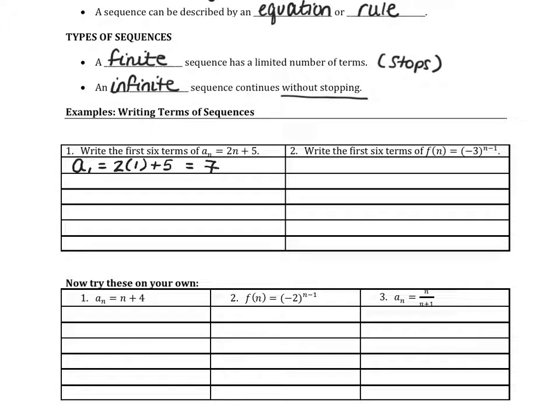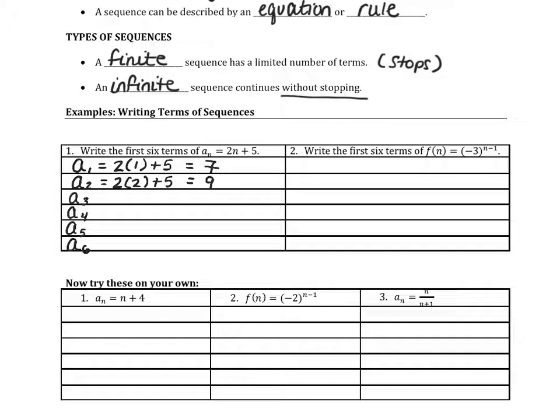You would do this for 1 through 6, because they want the first 6. If we're plugging in a 2, we would have 2 times 2 plus 5. 2 times 2 is 4, 4 plus 5 is 9. So when a sub 1, we get out a 7. When a sub 2, we get out a 9.